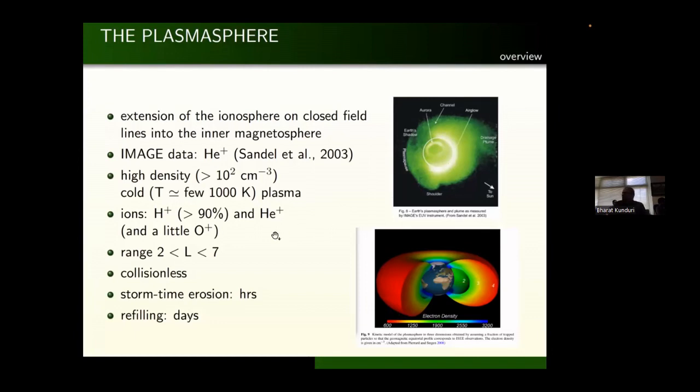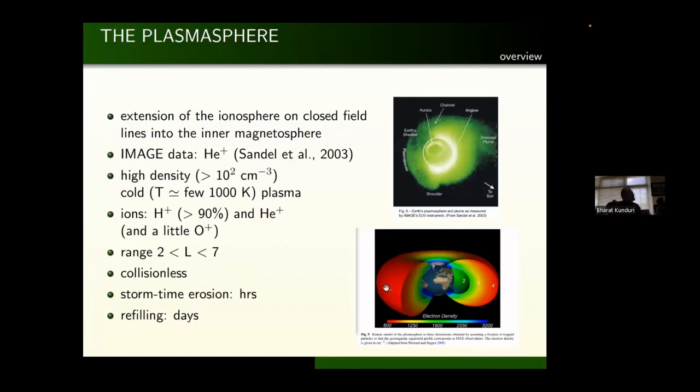And during storm times, O plus can manage to get into the plasmasphere. The plasmapause can range between L equal 2 and 7, but nominally it's further out, 5, 6, 7. During storm times, it erodes and comes closer to the Earth. And it's a collisionless plasma.